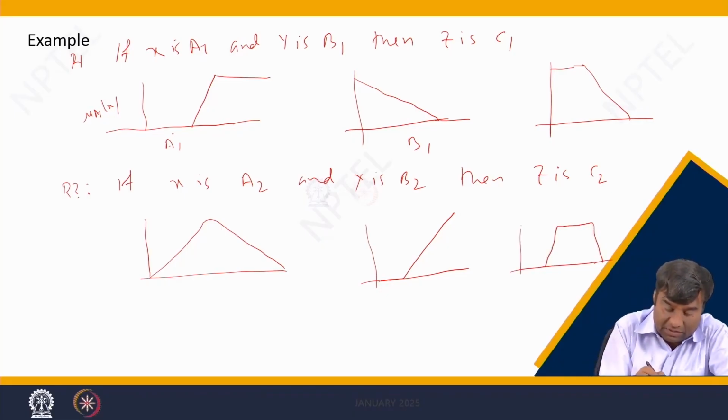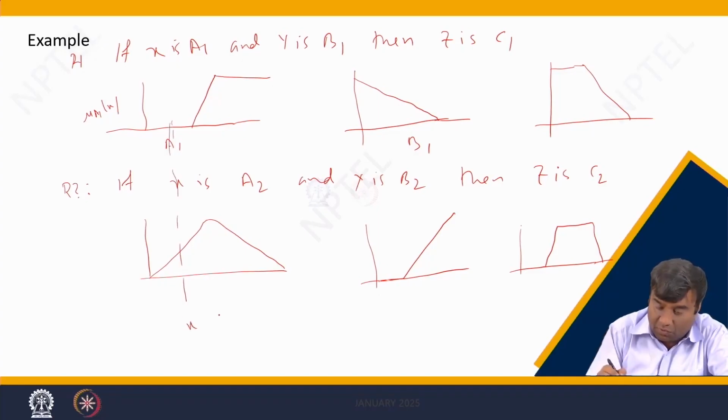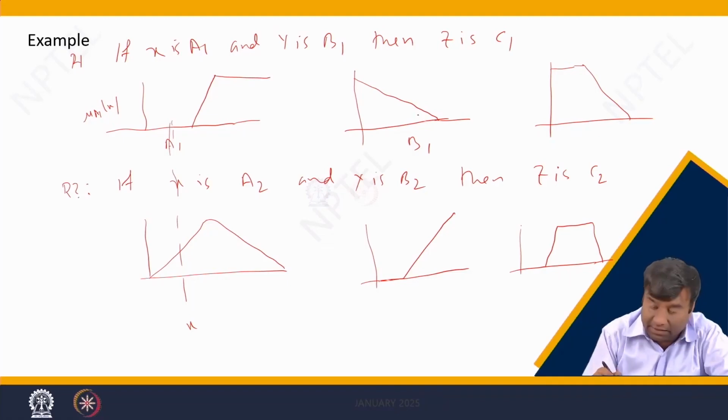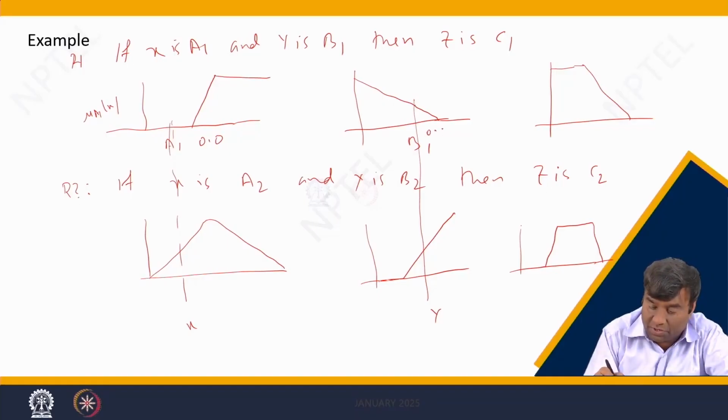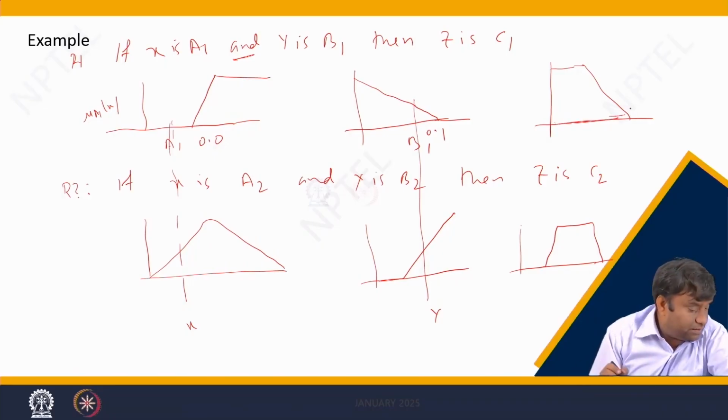So here the value of input is x, and the value of the other input is y. Now we take the value of x, here mu is 0, and suppose here it is 0.1, and there is an AND, so we need to take the minimum value, so that is 0 here.